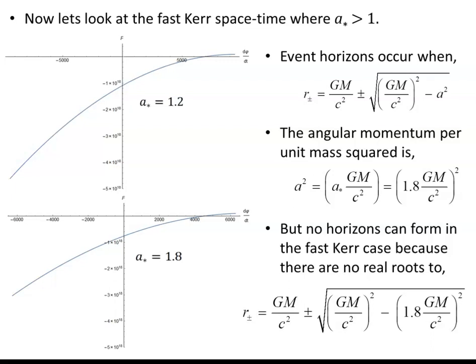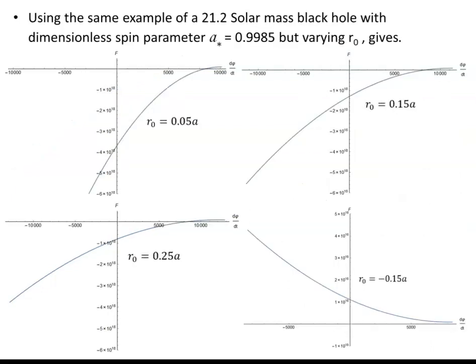But if you don't have event horizons, your spaceship can go into the ring singularity, perform its time travel and return.